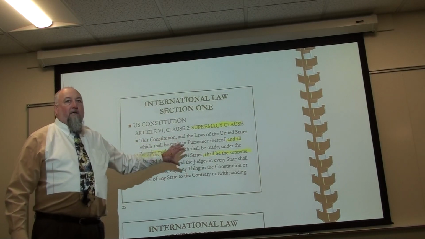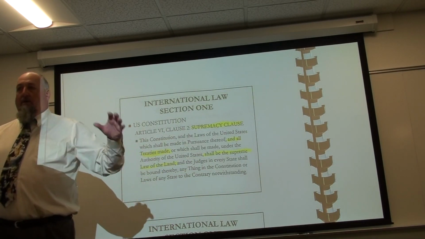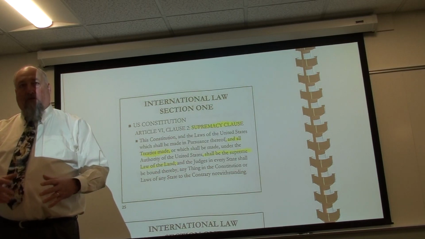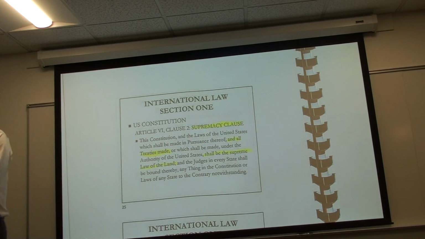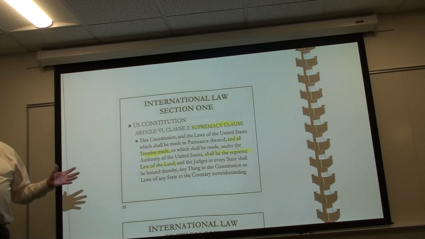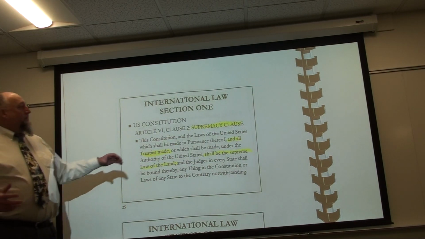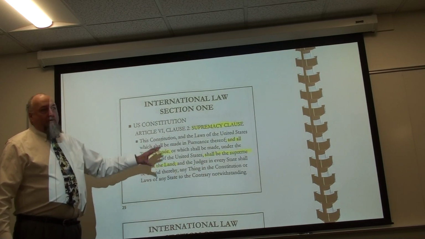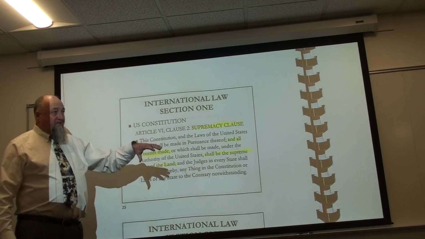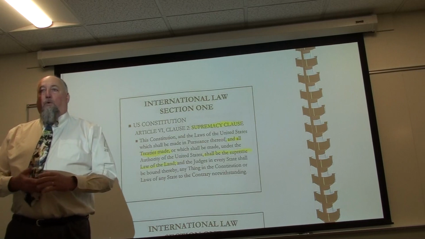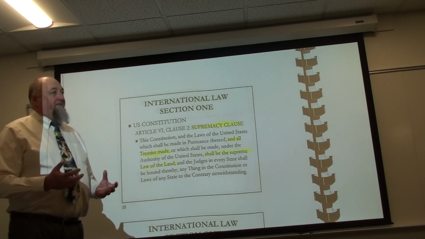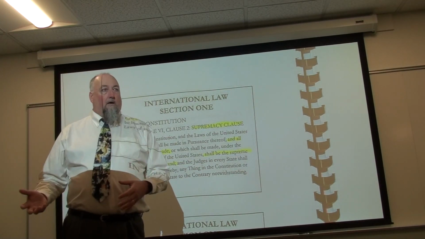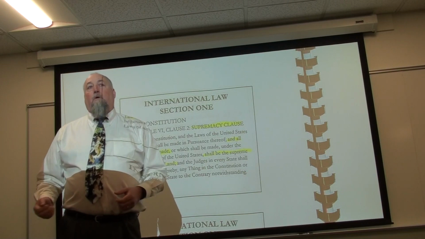The first idea is that federal law, and we're talking domestically within the United States now, federal law, that is law made by the United States government, Congress, and all other laws made by the federal government domestically within the U.S. will be the highest level law that we have domestically. And so that means that a federal law will override a law from the state of Oregon.